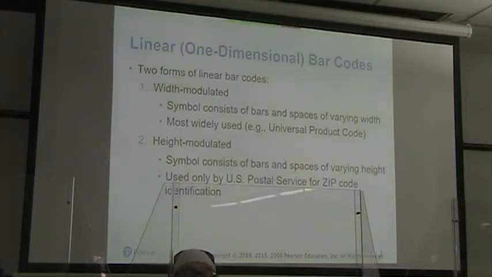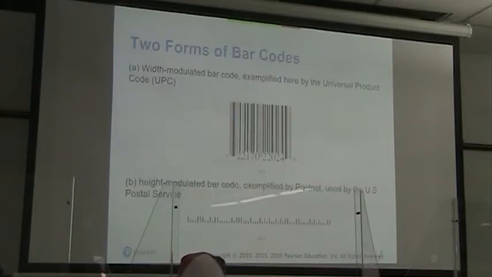Then there's height modulated. This symbol is bars and spaces of varying heights. At this point, this is used only by the U.S. Postal Service for zip code identification. So if you receive a letter from the post office, you will see it's got a barcode with different heights. And we're going to take a look at that right here.